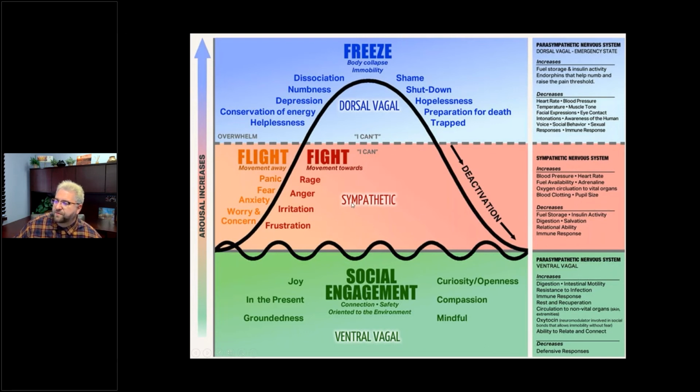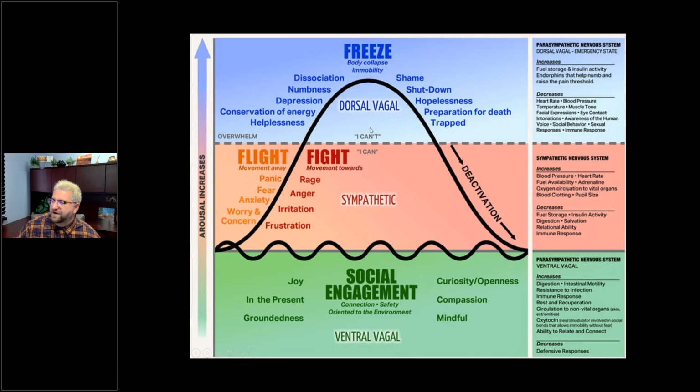Anything that would bring up fear or anger, that's going to be too much, and it's going to put them right up into freeze. And so our goal, in our trauma work and somatic work, is going to be to raise the window of tolerance to be able to have this full range of what they can feel within our fight, flight, or sympathetic responses. We want to be able to have this sympathetic access, because that means I'm able to move through.